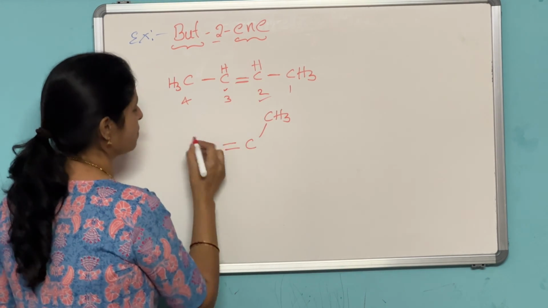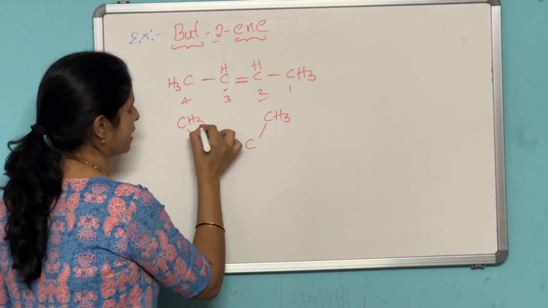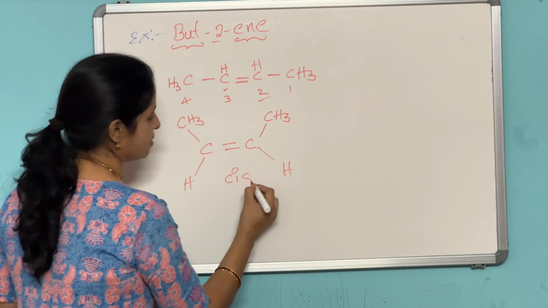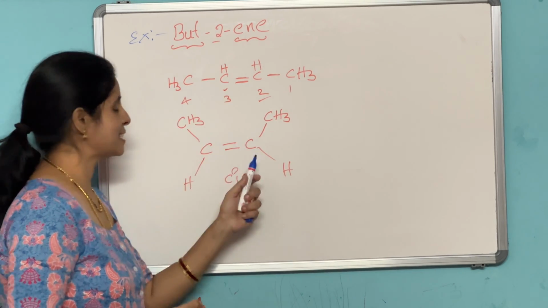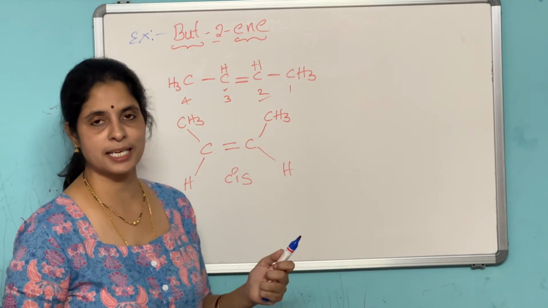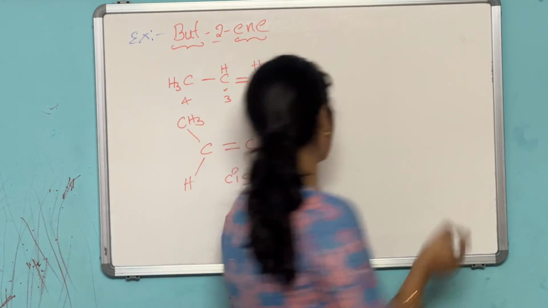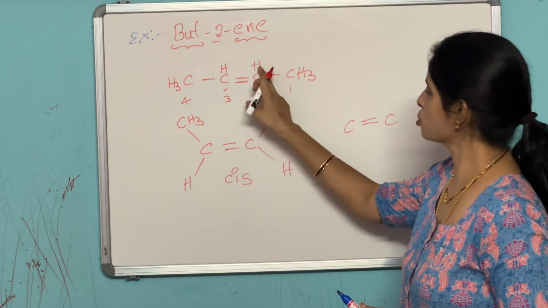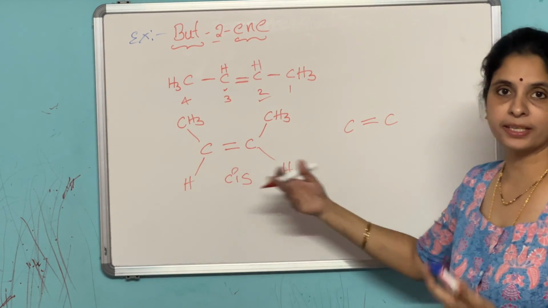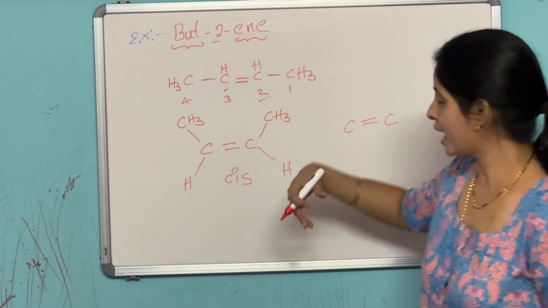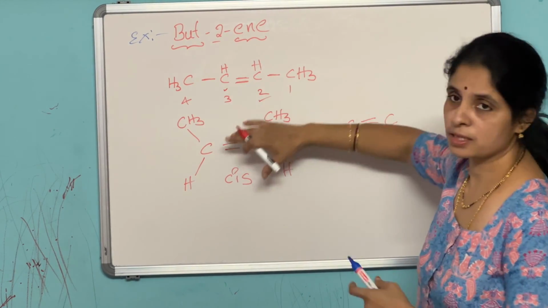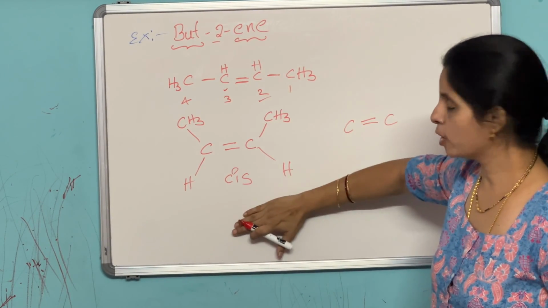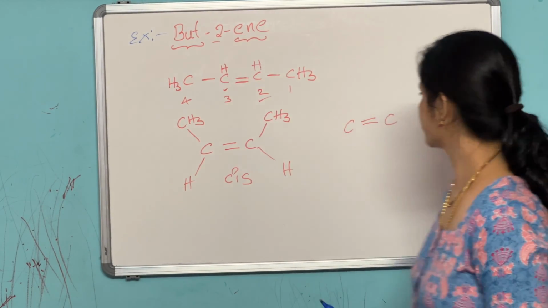So same atoms or groups present on the same side of the double bond, it is the cis isomer of but-2-ene. And you write the trans isomer, carbon-carbon double bond. Here these two are the hydrogens. Same atoms lie on the same side, either below the double bond or above the double bond, you can write.